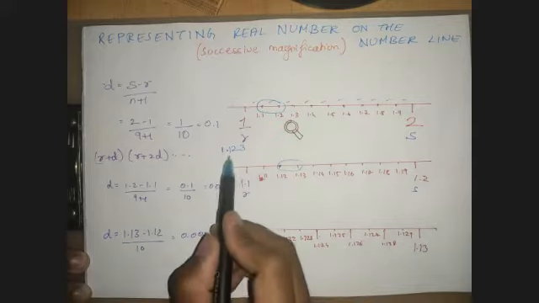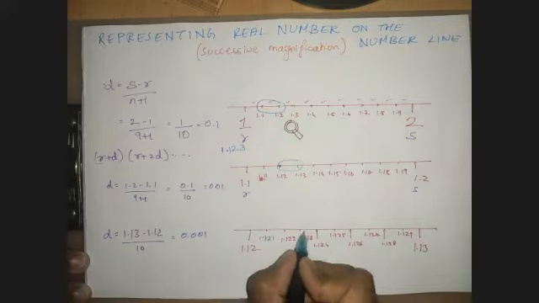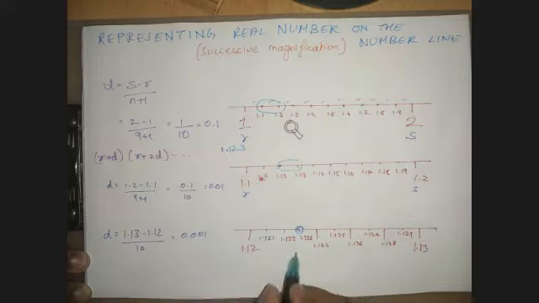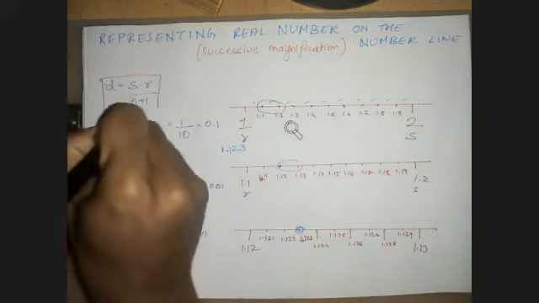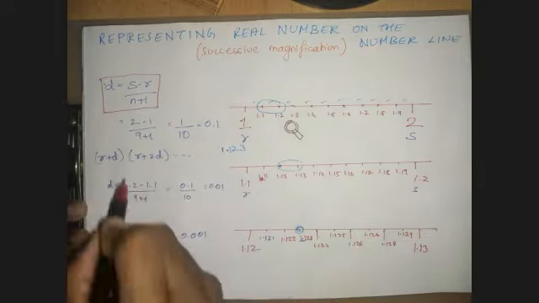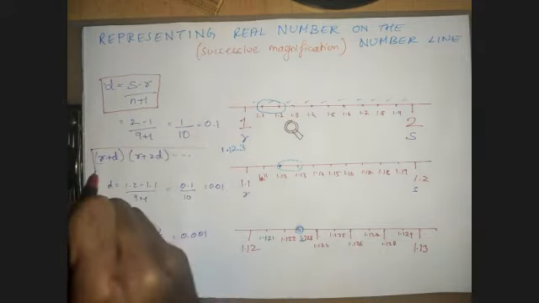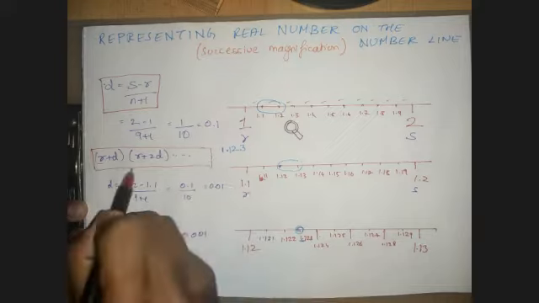So now where is this point? 1.123 is right here. So I mark that point. I believe we are very clear with this part of dividing the number line into n parts, and what the numbers are given by.